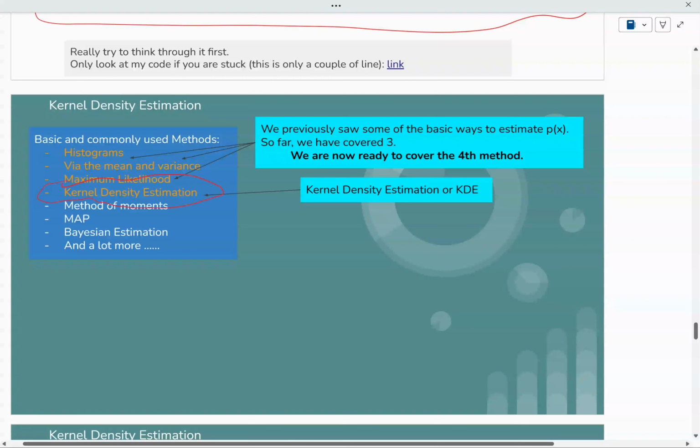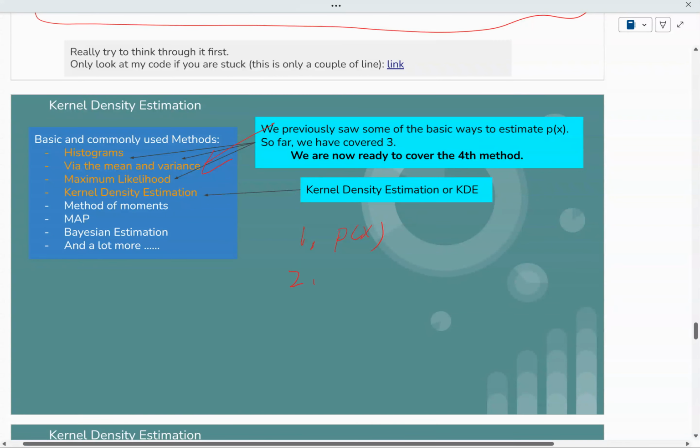This KDE is probably the most powerful method among all of these. It's powerful because, one, you don't need to know P of X ahead of time. Previously, you needed to recognize the equation and then figure out the exact parameters in the equation. With kernel density estimation, you don't even need to know what the equation looks like.